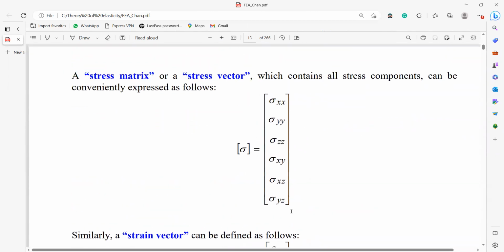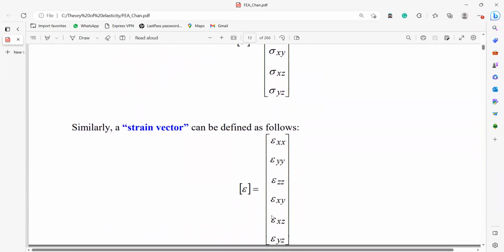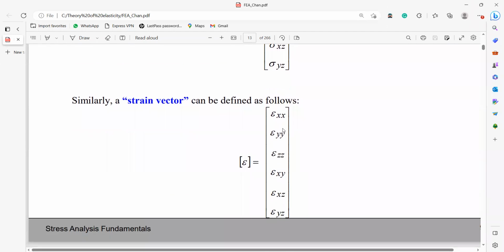So here what we have is the stress matrix or stress vector, and this contains all the stress components. The first three are normal stresses, and components 4, 5, 6 are shear stresses. Similarly, the first three strains are normal strains, and the rest are shear strains.